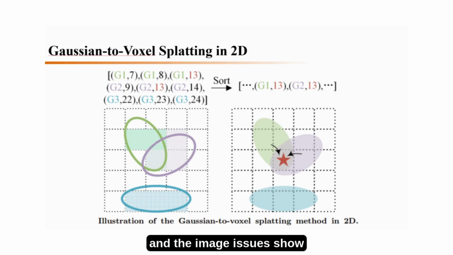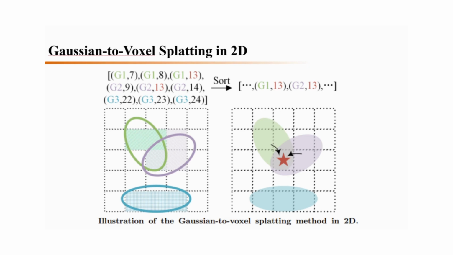And the image shows how sparse Gaussian data is mapped onto a 2D grid, where each Gaussian has a center, range, and weight. Sorting ensures proper handling of each Gaussian's contribution to the same grid cells, with overlaps indicating shared contributions.